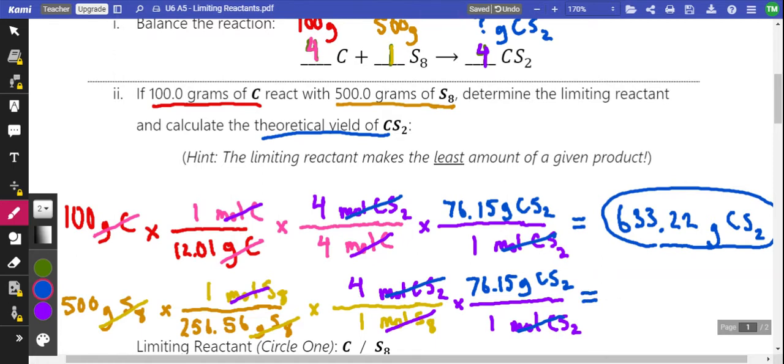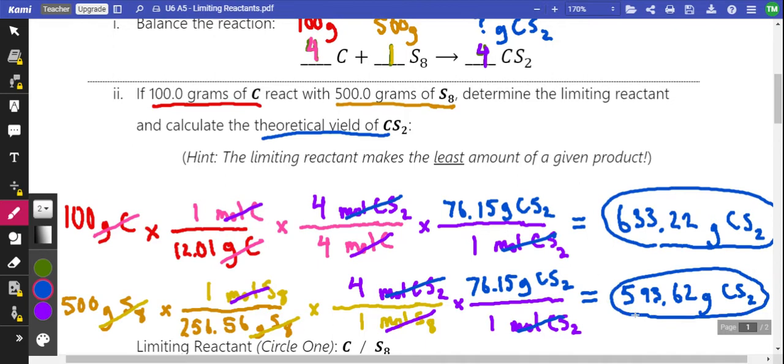All right, so now if I take all this and plug it in, 500 times 1 divided by 256.56 times 4 divided by 1 times 76.15 divided by 1, I get 593.62 grams of CS2.